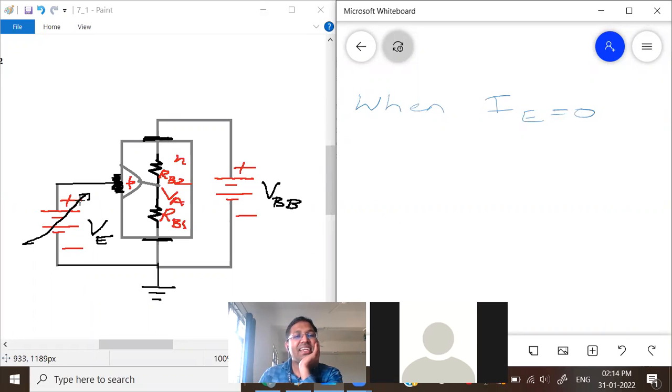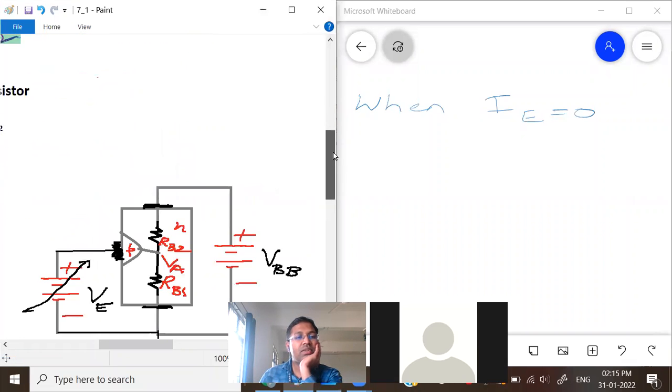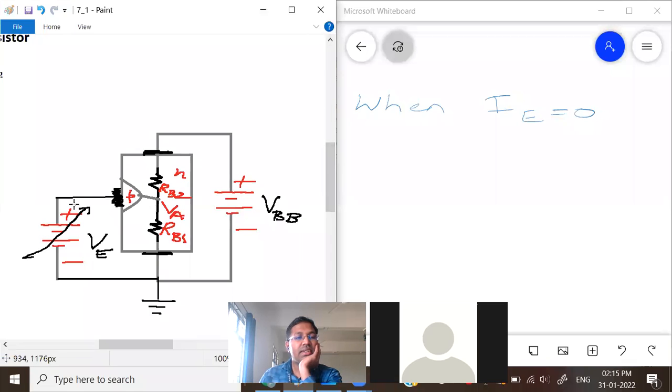So this is unconnected, which means it is as good as the PN junction where on the P side nothing is connected. The terminal is open. So you have only one loop, VBB, RB2, RB1. VBB is divided between the two resistances RB2, RB1.